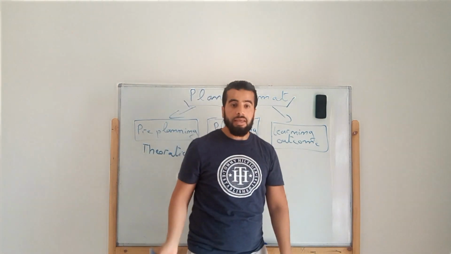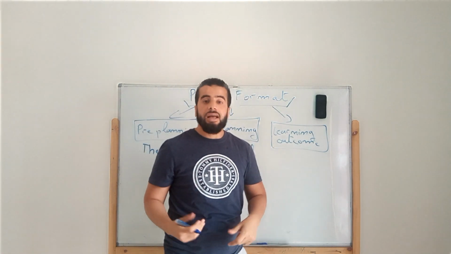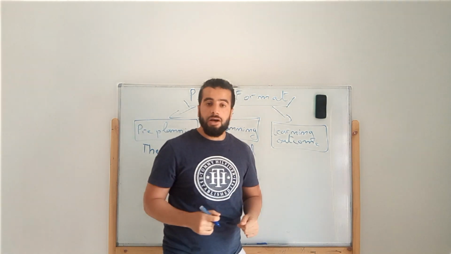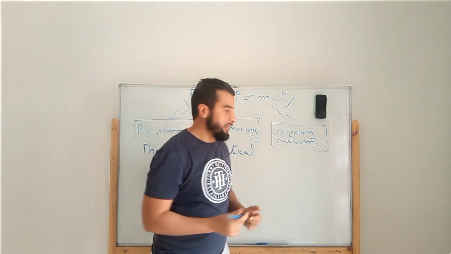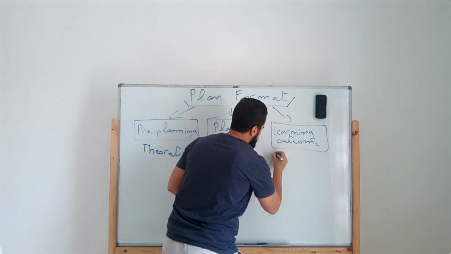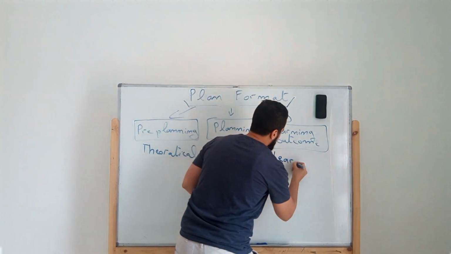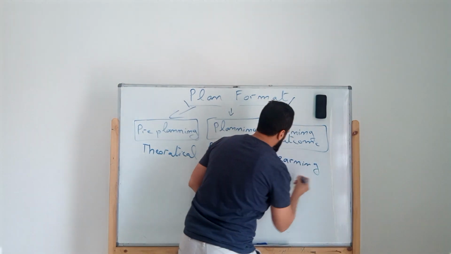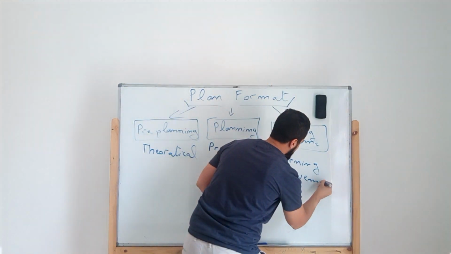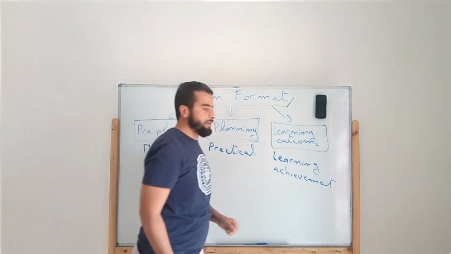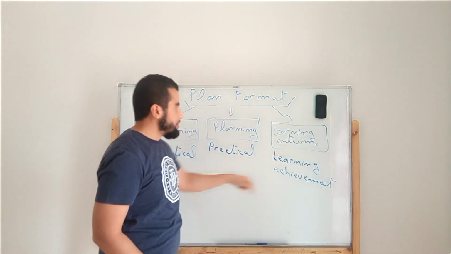Learning outcome is the expected achievements at the end of the lesson or at the end of the whole semester. So, learning achievements. Alright, so this is just a keyword.